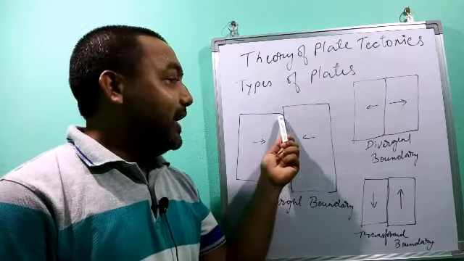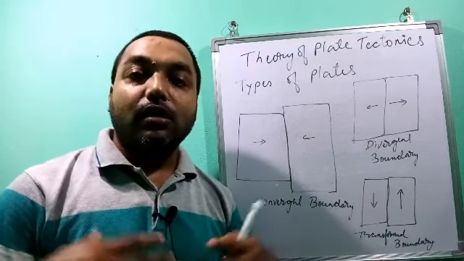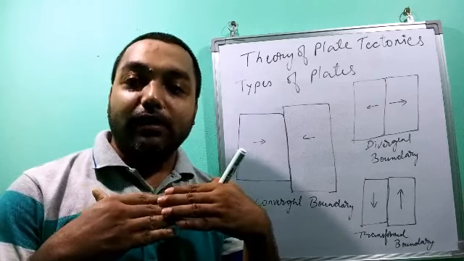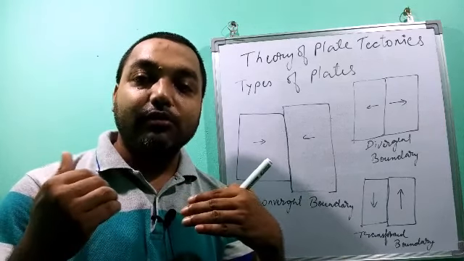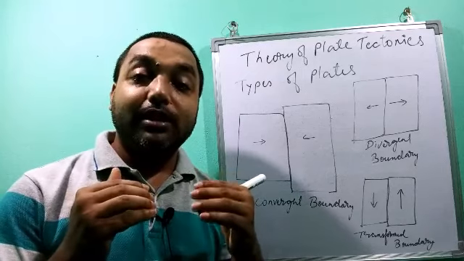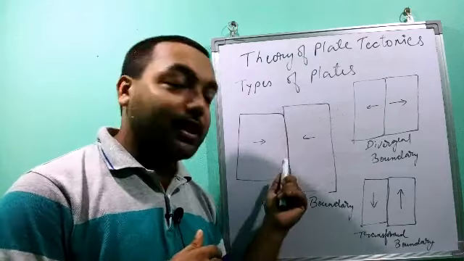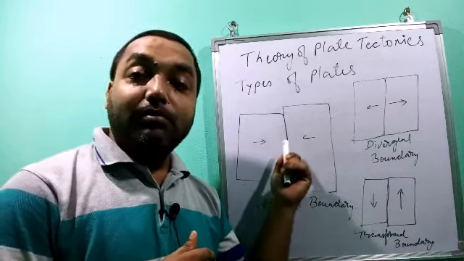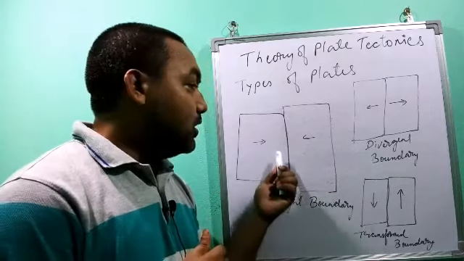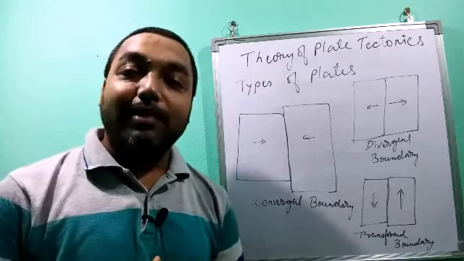The area near this boundary is very destructive, because if they come towards each other, one plate will go over the other. If the plate is small, the smaller plate will go under and the bigger plate will go over it. Then there will be huge destruction in the boundary area, because earthquakes may take place and volcanic eruptions may take place. So various side effects are there near this plate boundary.